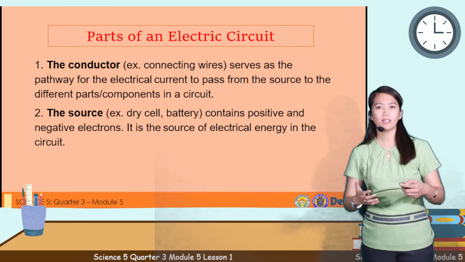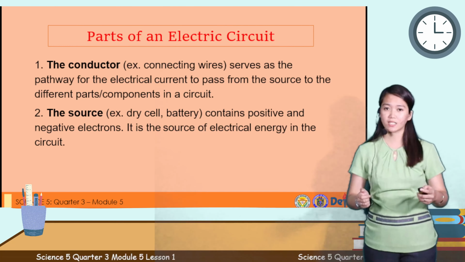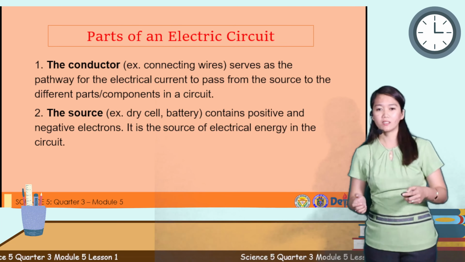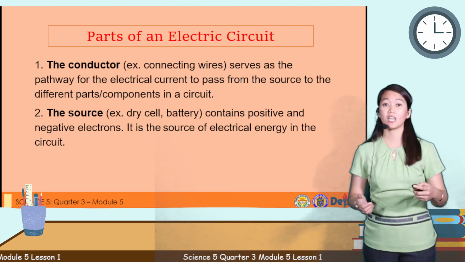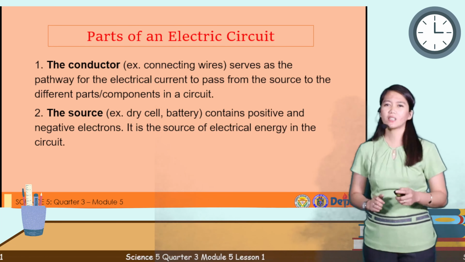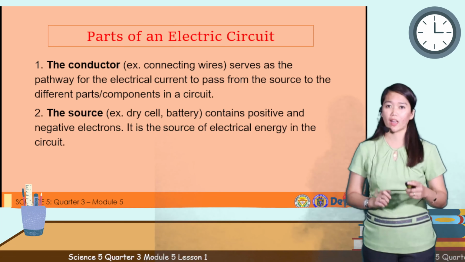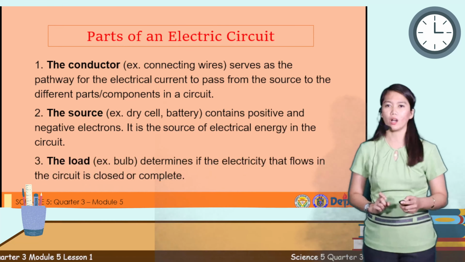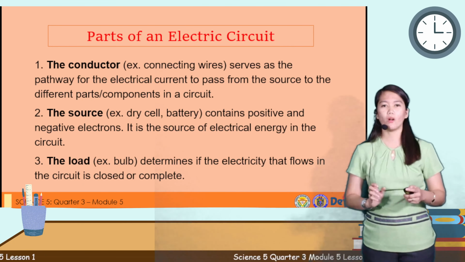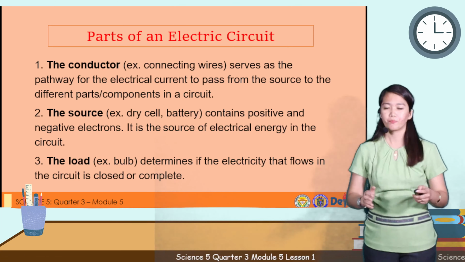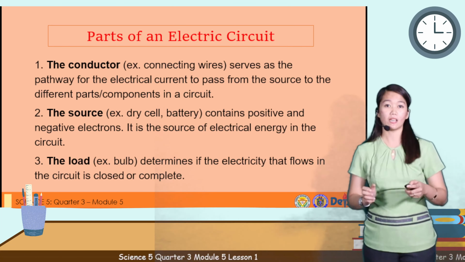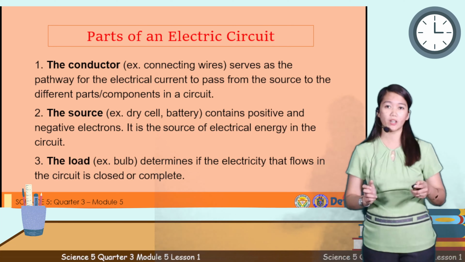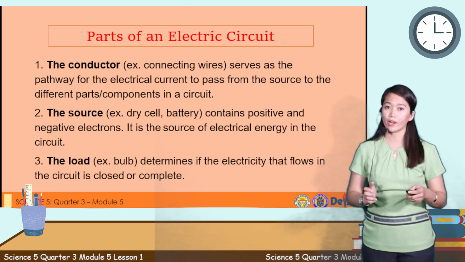Example, the dry cell or battery, which contains positive and negative electrons. It is the source of electrical energy in the circuit. Remember that. And the third one, we have the load. For example, a bulb or a lamp, which determines if the electricity that flows in the circuit is closed or complete.